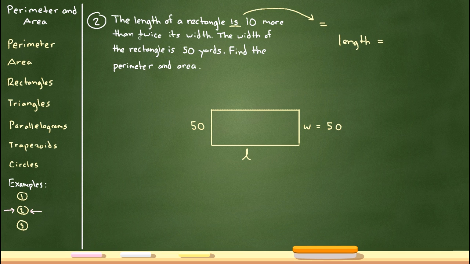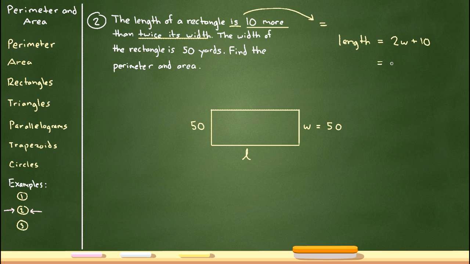So this piece here, twice the width, is 2W. And then 10 more than twice the width means you would take this quantity and add 10. So this reads the length is 10 more than twice the width.